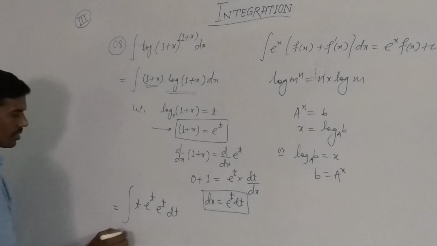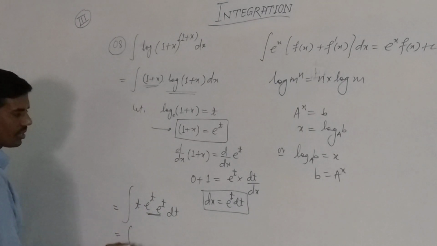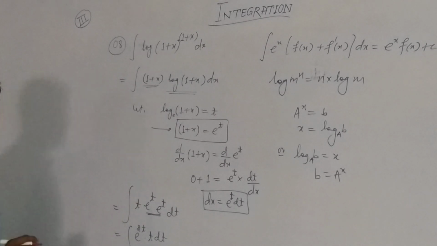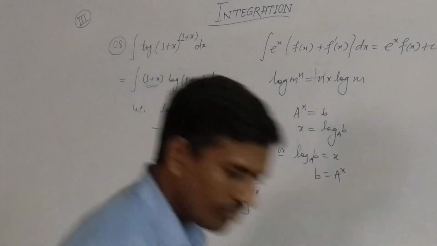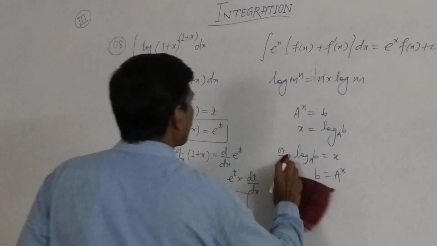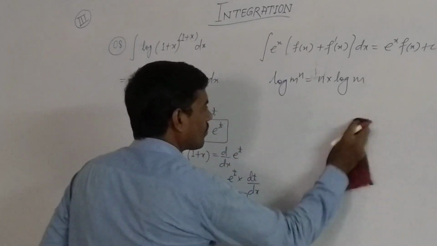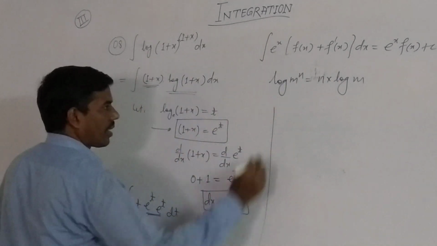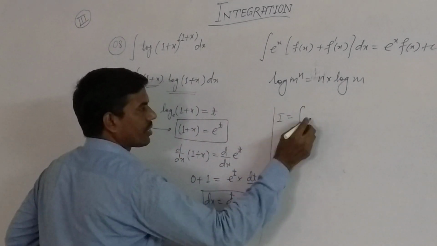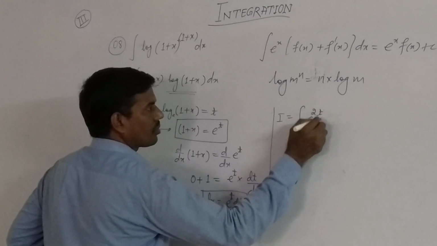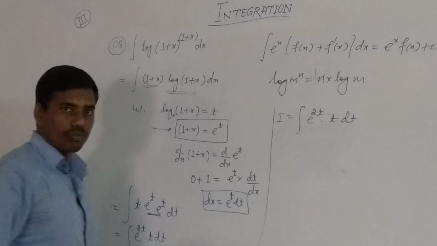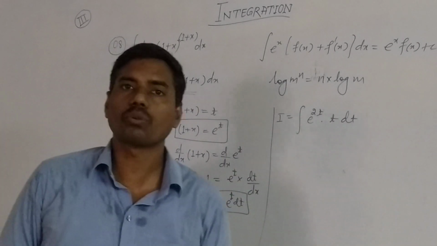Clear? So the integrand becomes e to the power t into e to the power t, that is e to the power 2t, into t dt. Our integral is I equal to integration of e to the power 2t into t dt. Now we have to use our product rule.